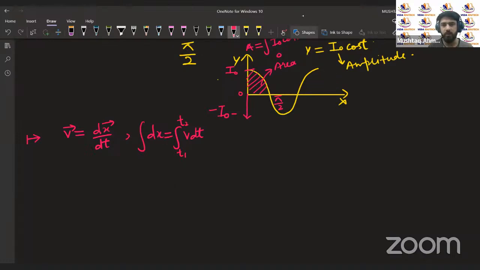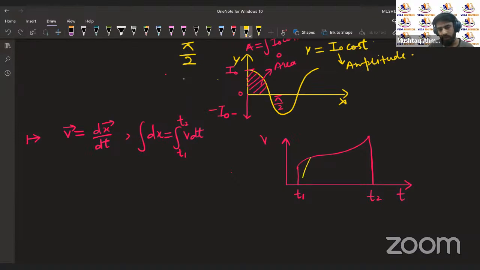It gives us information about the displacement under the velocity time graph. Let's suppose that our velocity time graph is like this. Between the interval t1 to t2, this is our time interval, and this is the area enclosed by this velocity time graph.